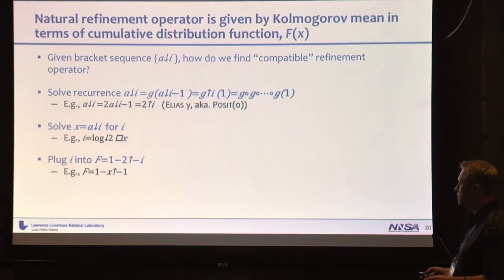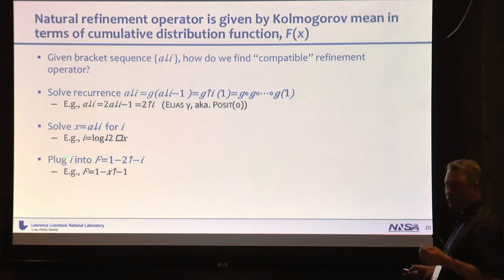What we're then going to do is plug this i into what ends up being the cumulative distribution function for this number system. For all these different number systems, you will have a cumulative distribution function that essentially says it's 1 minus 2 to the minus i.